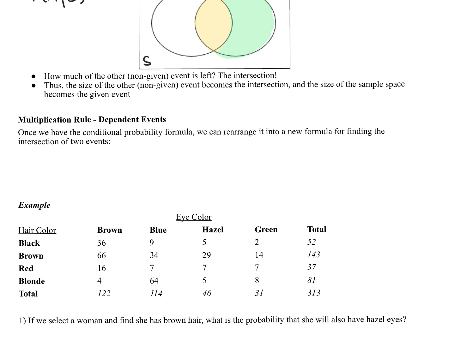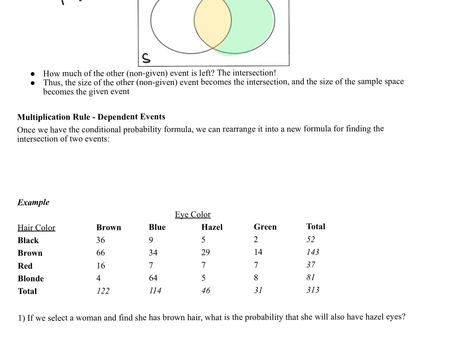So for the formula, given that conditional probability, we can then manipulate that formula to find the probability for dependent events.